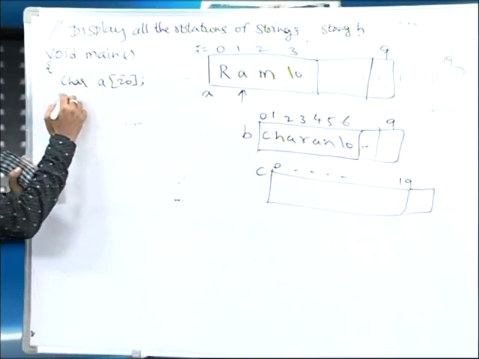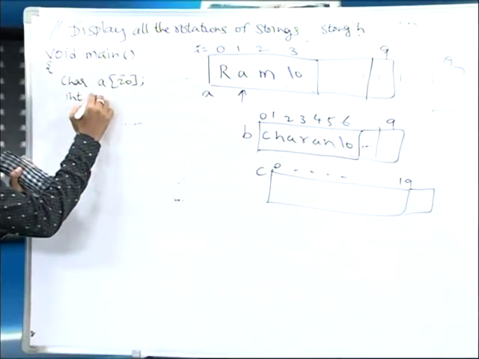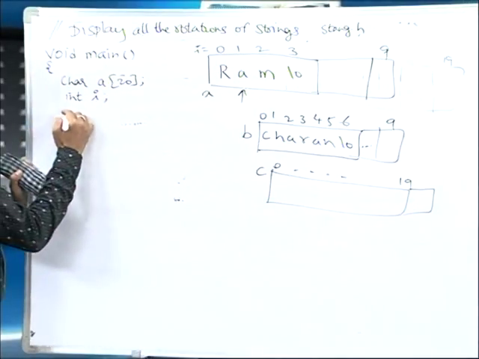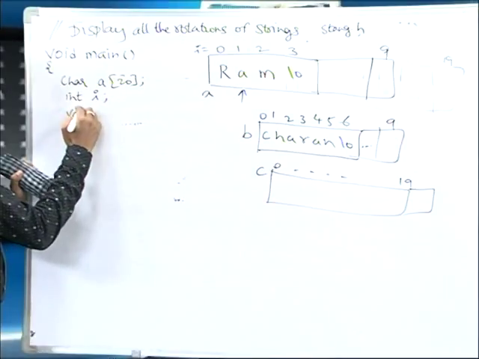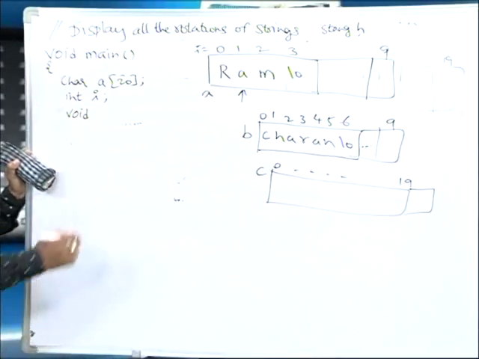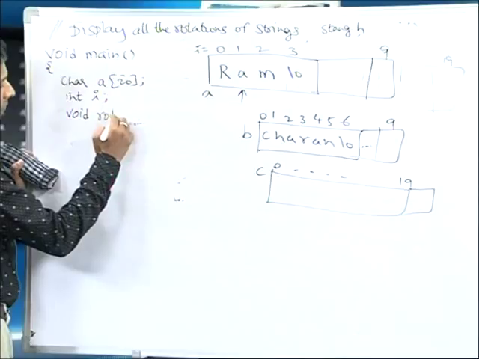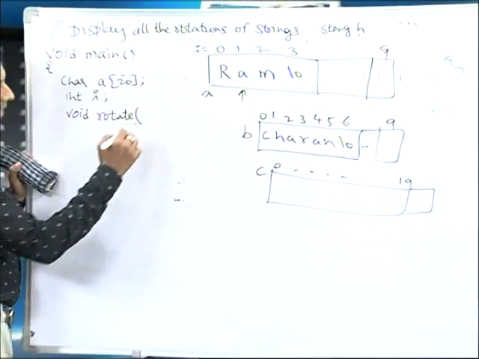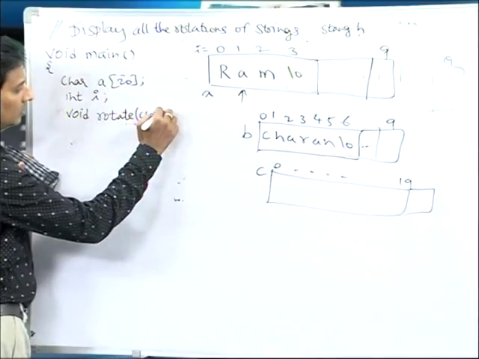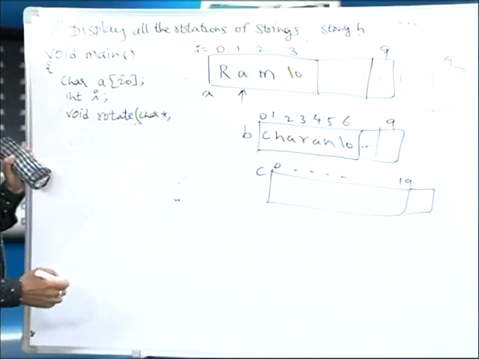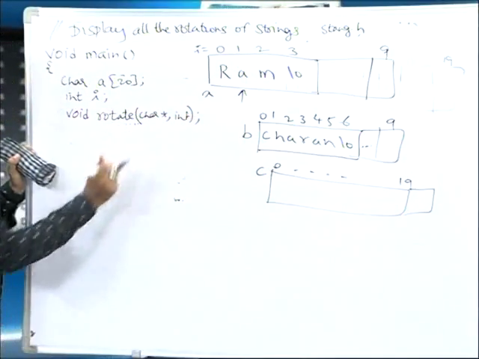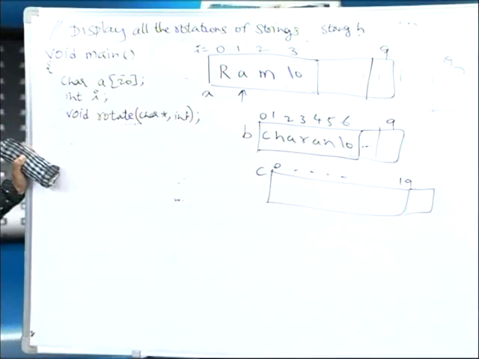Next, int i. Here I am using one function prototype, void rotate, char star, comma, int.